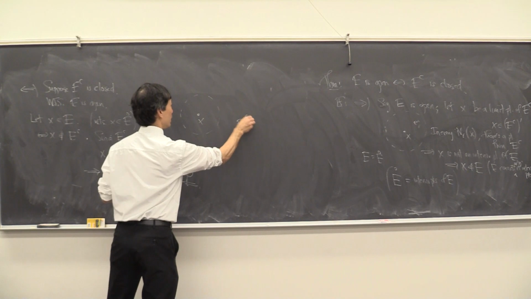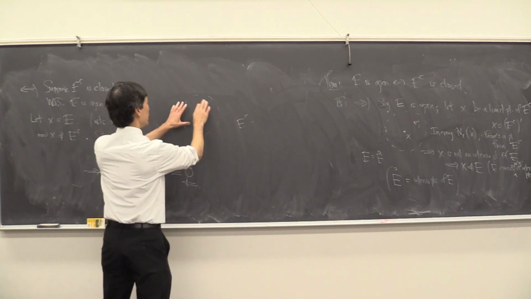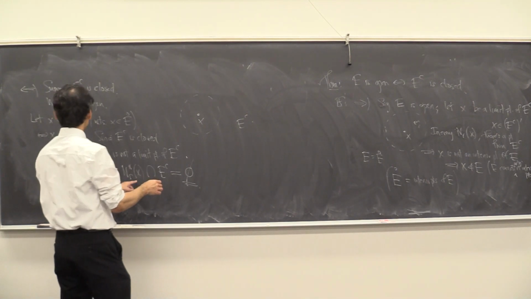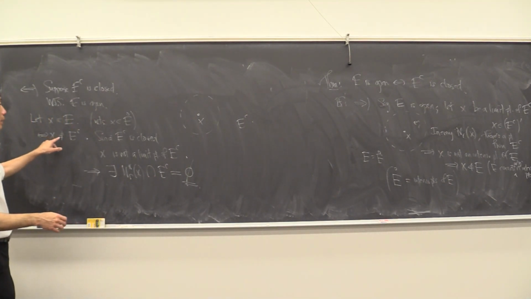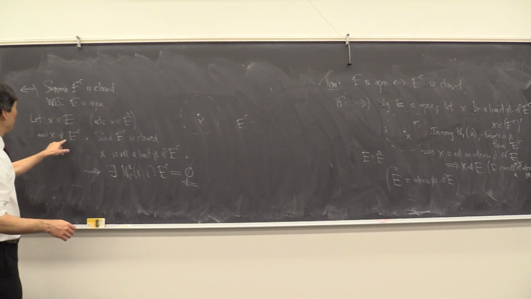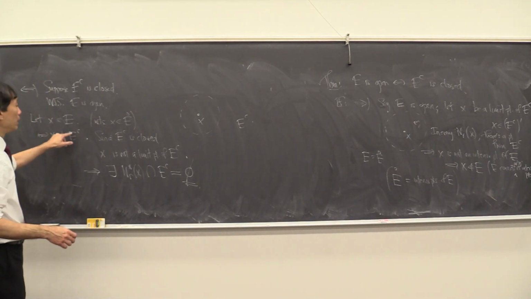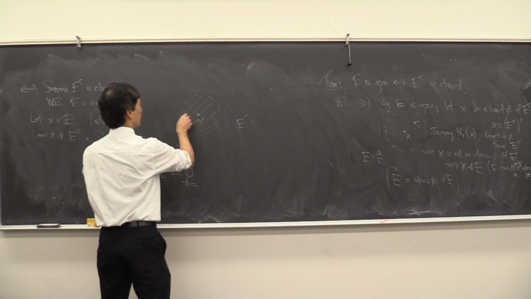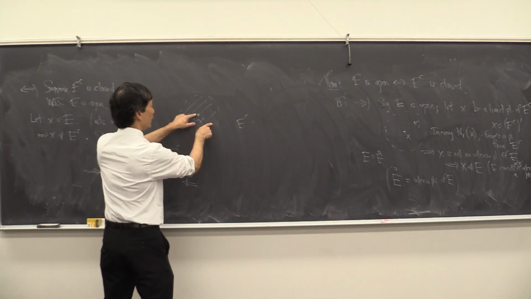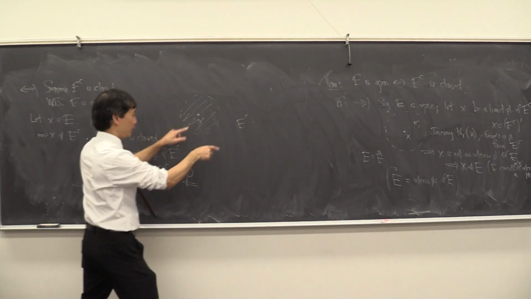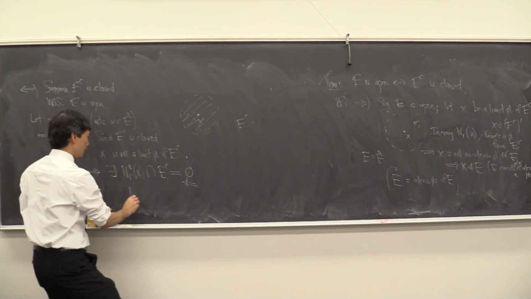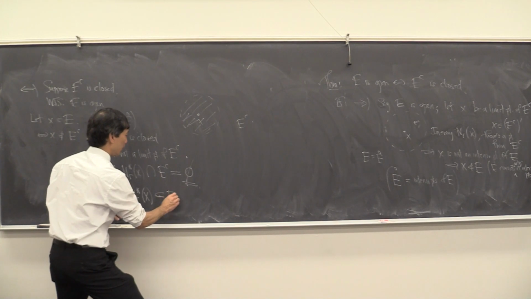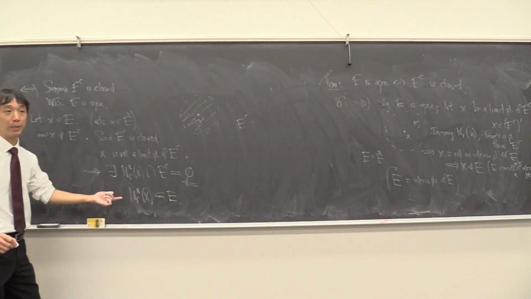So E complement is outside here, right? There's nothing from E complement inside here. But X is in E, right? So what does that mean? That means that everything in this punctured neighborhood is in E, because it doesn't intersect E complement.